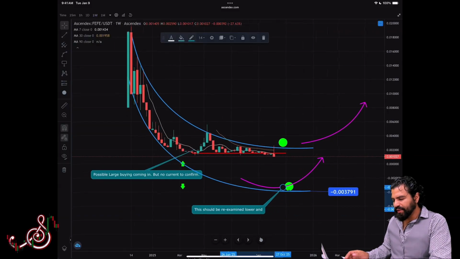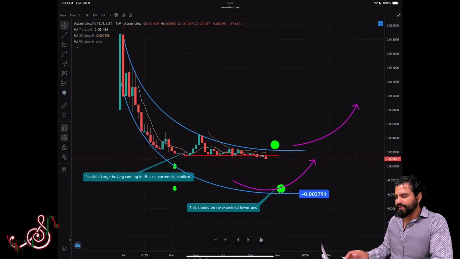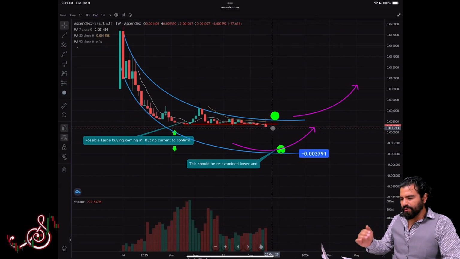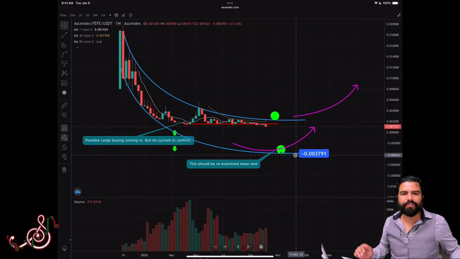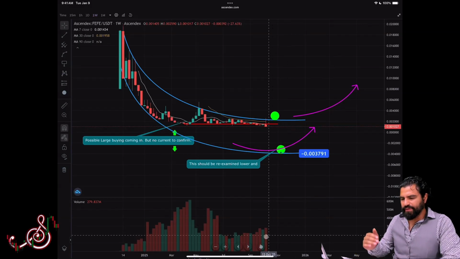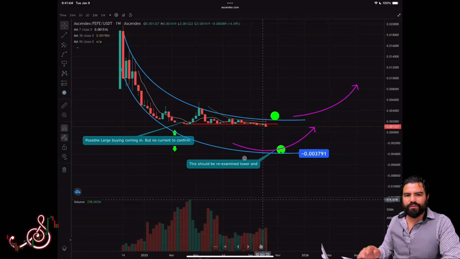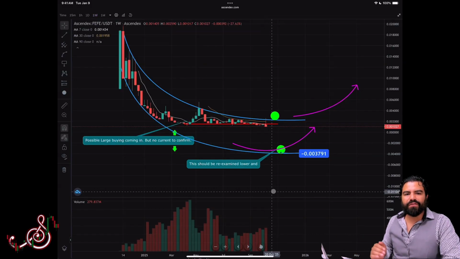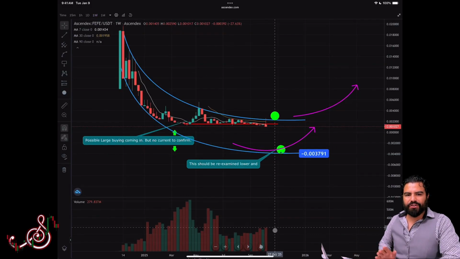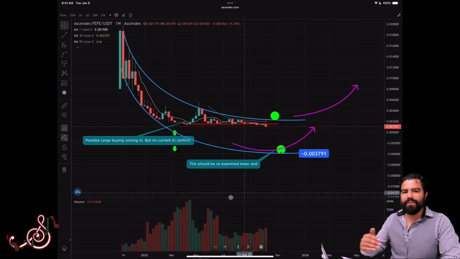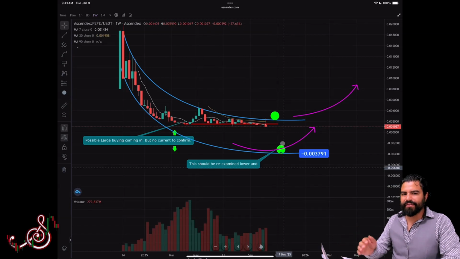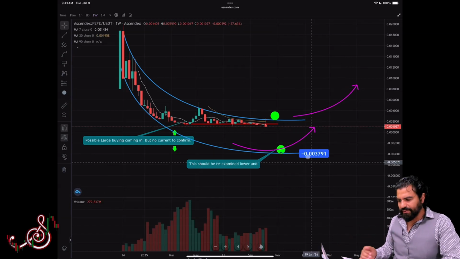What I would probably want to do, Superfood, is since there's still buying coming in, we'd want to see absorption. We want to see a time when we get to the bottom and the volume is still low. If we continue challenging the low but the volume keeps rising, that means this crypto still has lower to go.